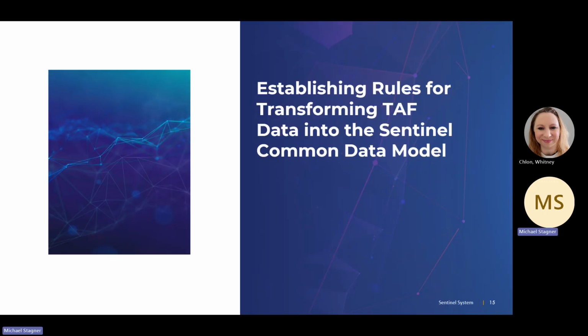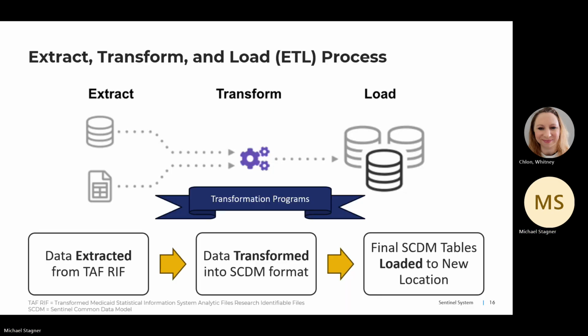The second step is establishing the rules for transforming the source data into the very specific framework of the Sentinel Common Data Model. So once you've decided which are the data that you actually want to use, you extract those data from the TAF RIF.